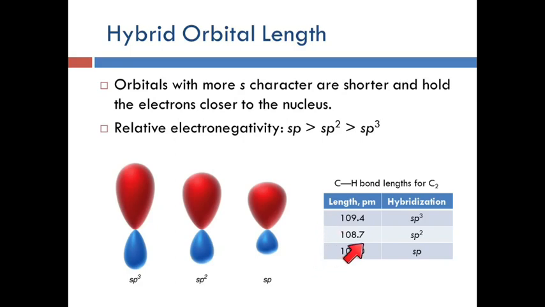And we see that the bond length for the sp hybridized carbon is shorter than for the sp2 or the sp3. So what we get is a small difference in electronegativity for the carbon atoms depending on their hybridization. An sp hybridized carbon is more electronegative than an sp2, which is more electronegative than an sp3.